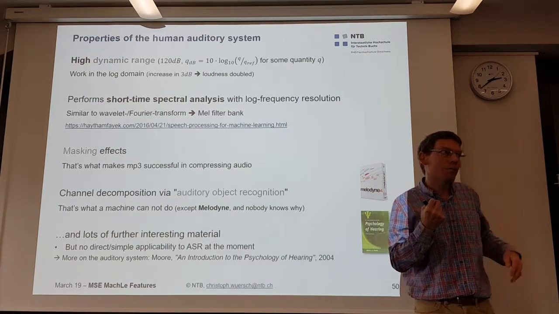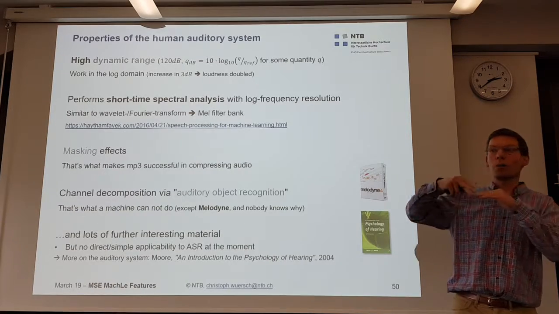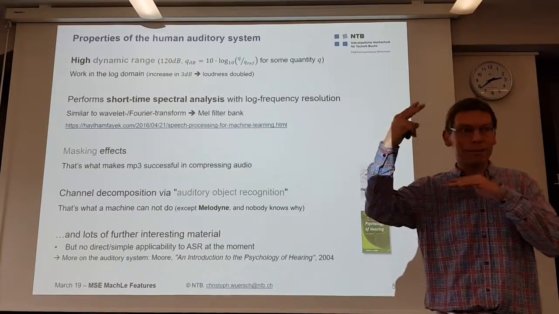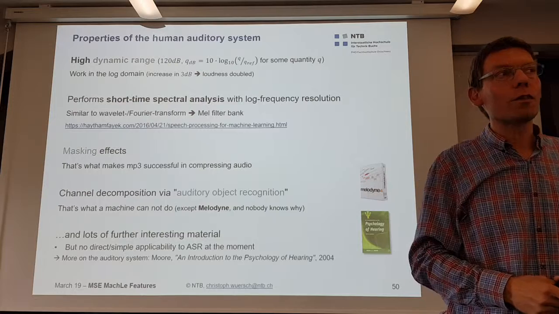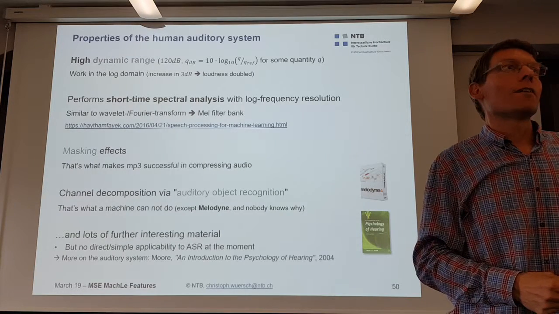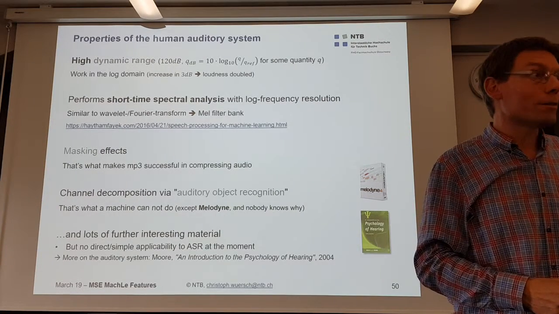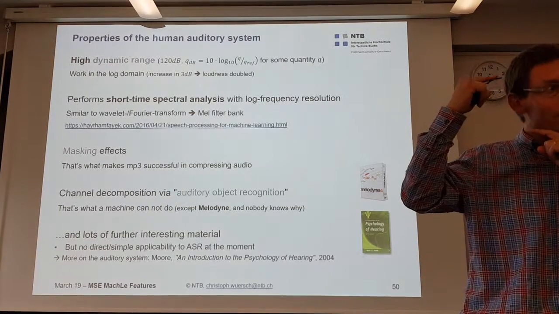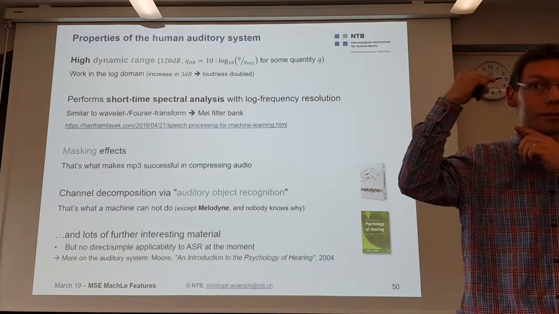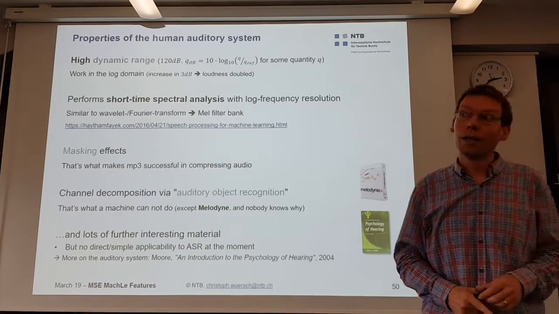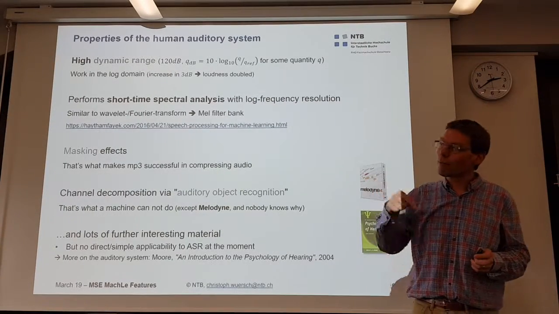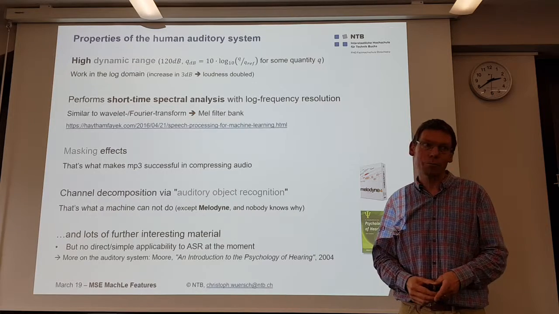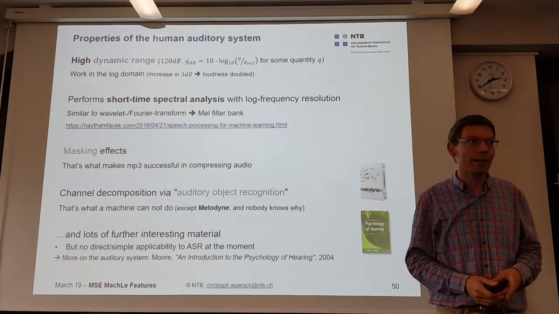How can it then measure a range of 0 to 120 dB? 120 dB is 10 to the power of 12, so 12 orders of magnitude our ear can perceive. How can it do that? Just by applying a kind of logarithm. We hear in decibel.